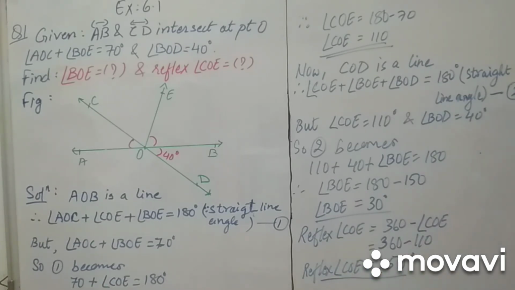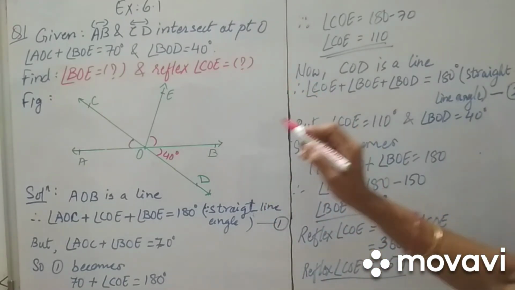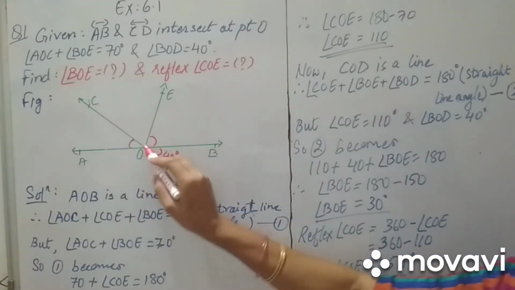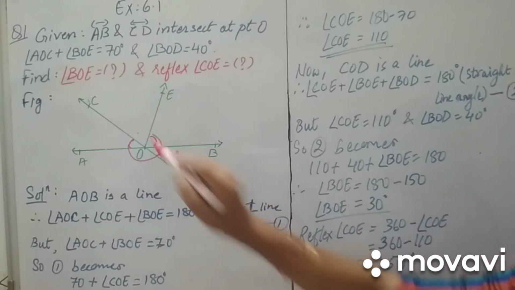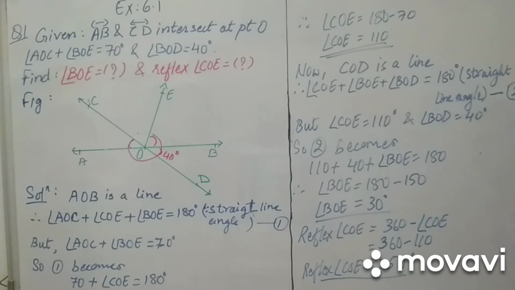So, our required angles, we got it. Now, I am explaining what the reflex angle COE is. Reflex angle COE means we have to remove this angle COE and take the rest of the whole angle. That is known as reflex angle COE. Understood? So here we got the required values of the angles.